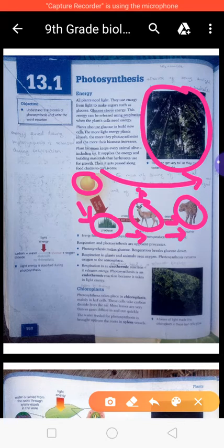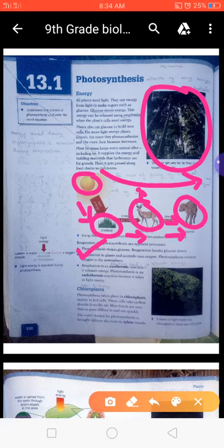Let's talk about the difference between photosynthesis and cellular respiration. What are the differences between them? Look, cellular respiration is the process of breakdown of glucose, while photosynthesis is the process of production of glucose in the body of the plant.